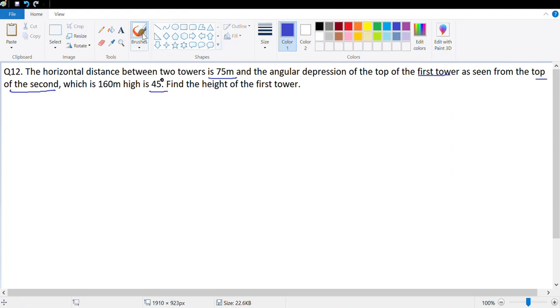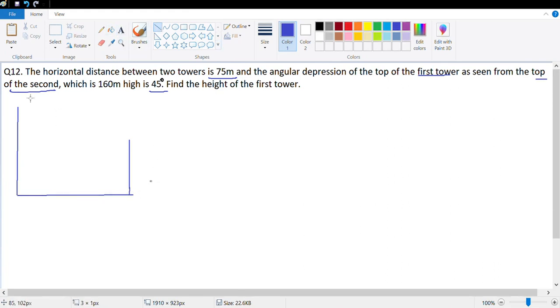Let's draw a rough diagram. So this is my second tower, which is taller. This is my first tower, which is shorter than the second tower. This is the ground on which they stand.